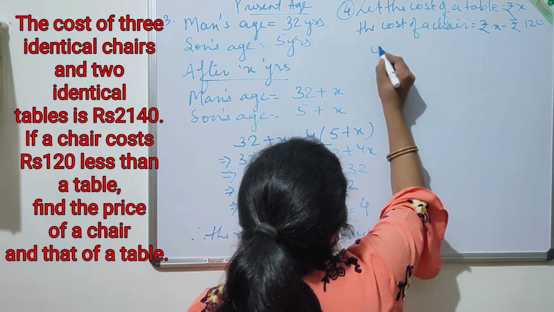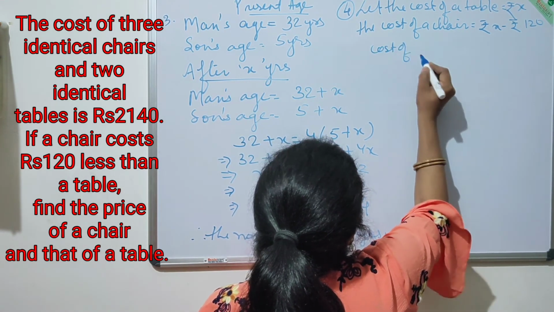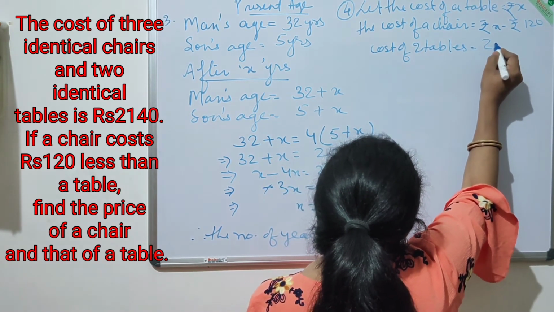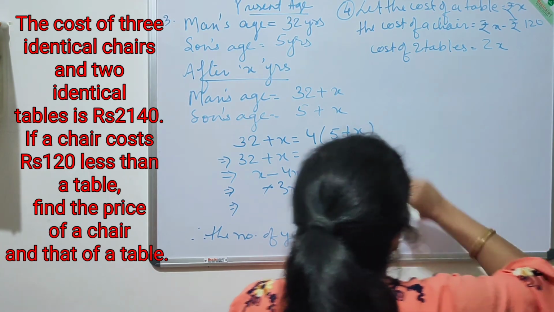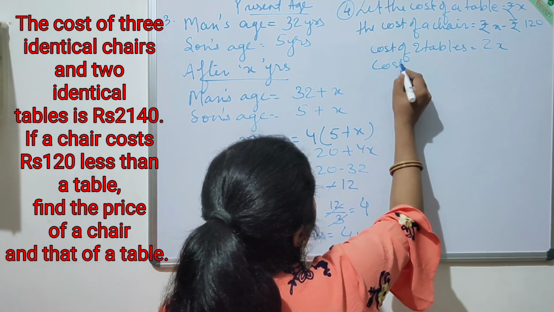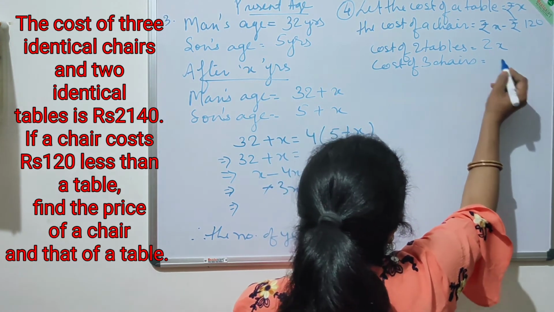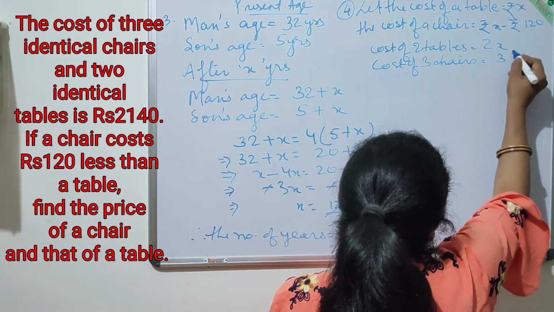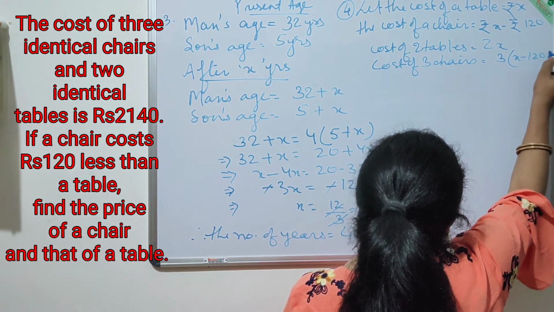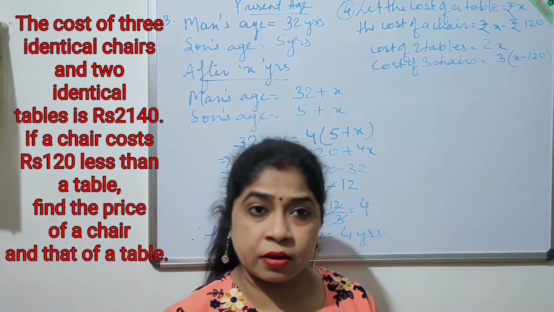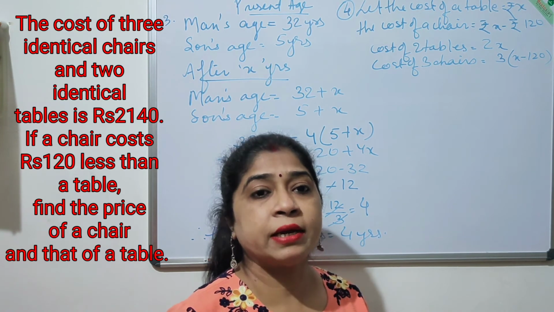So the cost of 2 tables will be 2x and the cost of 3 chairs will be 3 multiplied by x minus 120. Both are in rupees. I have not written the rupees, we are going to write it later.